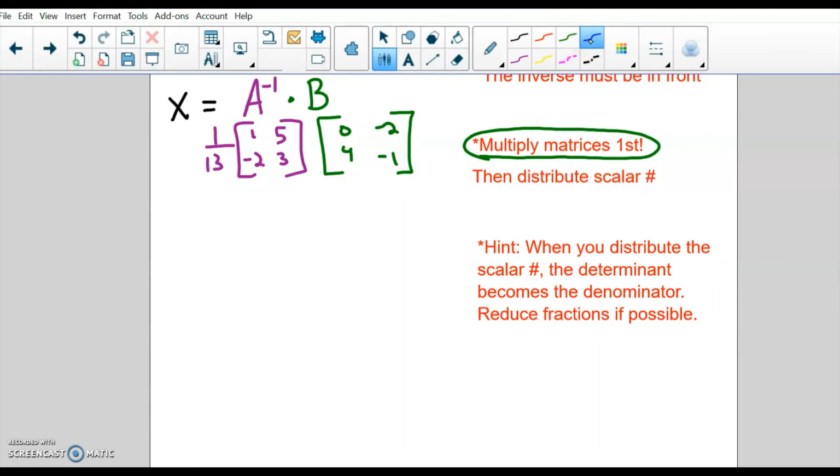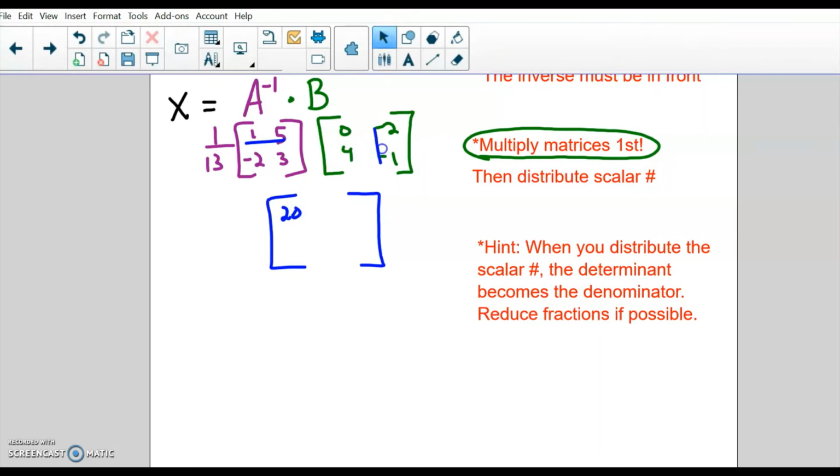So, the multiplication of the two matrices, 1, 5 times 0, 4. 1 times 0 is 0. 5 times 4 is 20. It's 1 times negative 2, 5 times negative 1, which is negative 2 and negative 5, negative 7.